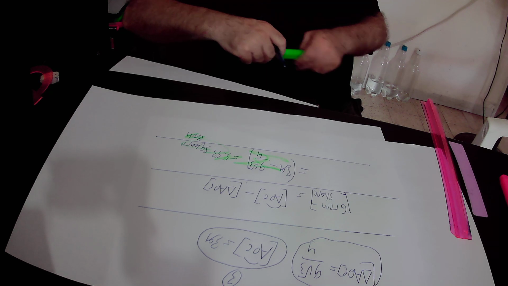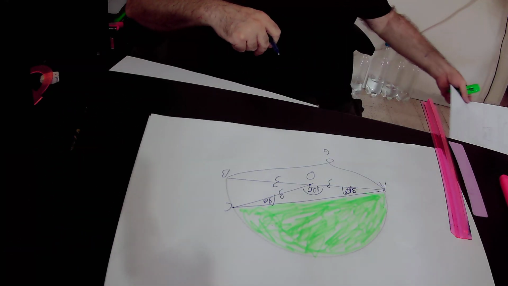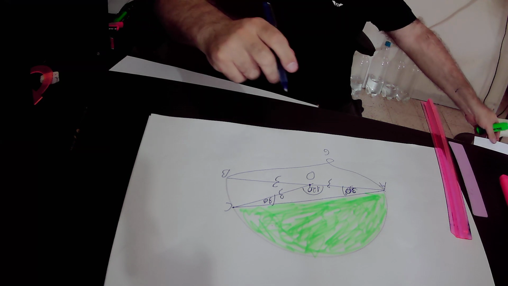In the next step, I present to you the second method to find the area of the green shape.